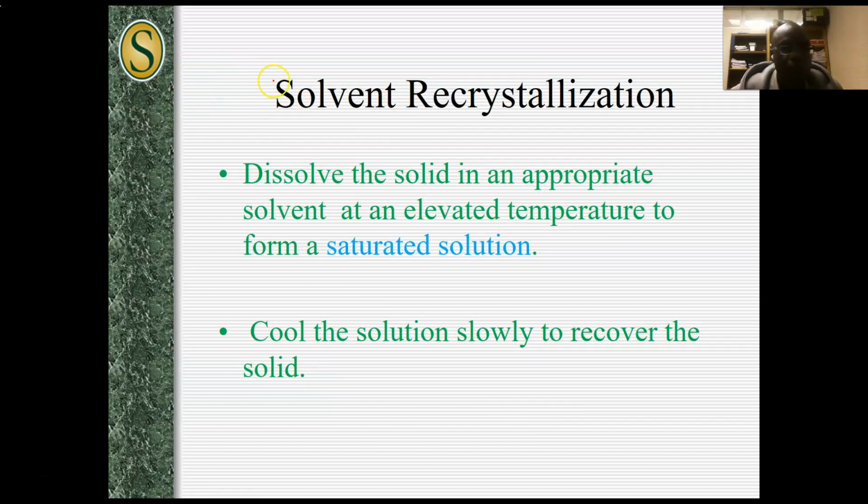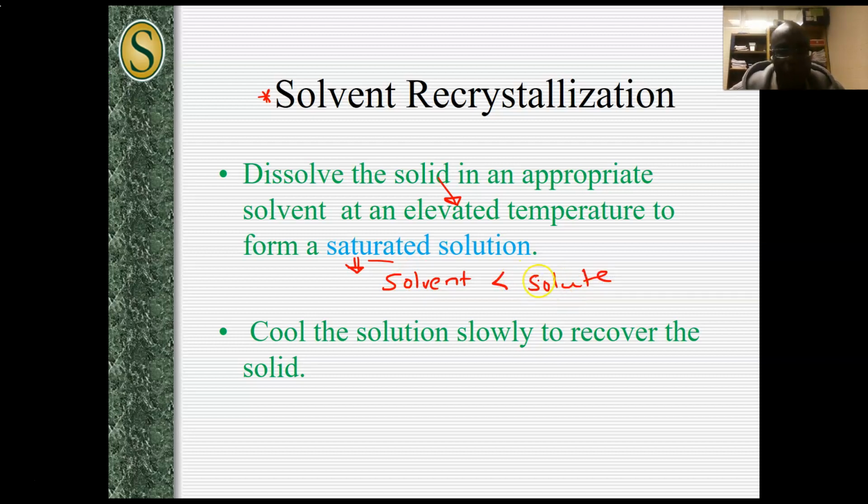So to do recrystallization, you're going to need a solvent. The process involves dissolving the solid in a hot solvent, and you don't want to use much solvent. You want to keep the solution saturated. If you've forgotten, a saturated solution is where you have the solvent less than the solute.